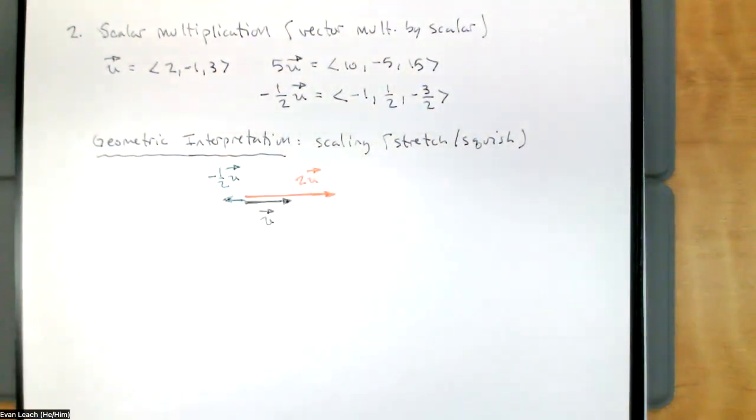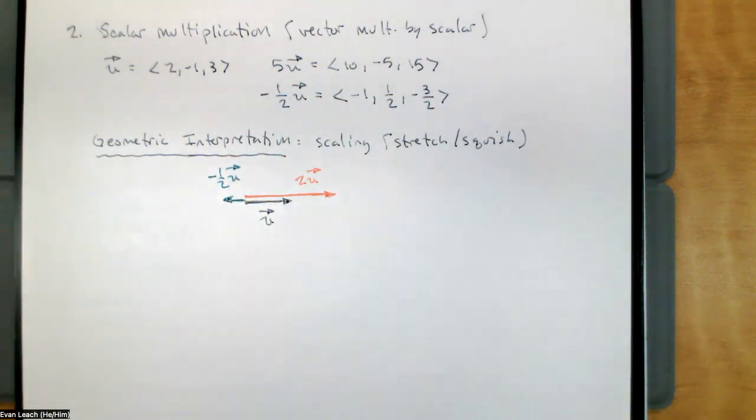If we multiply by something bigger than 1, then we're going to stretch our vectors, make them longer. If we multiply by something less than 1, but still positive, we're going to squish our vectors and make them shorter. If we multiply by a negative, it changes the direction to the opposite direction. But all this is happening on the same line. We just stretch or squish along that line.